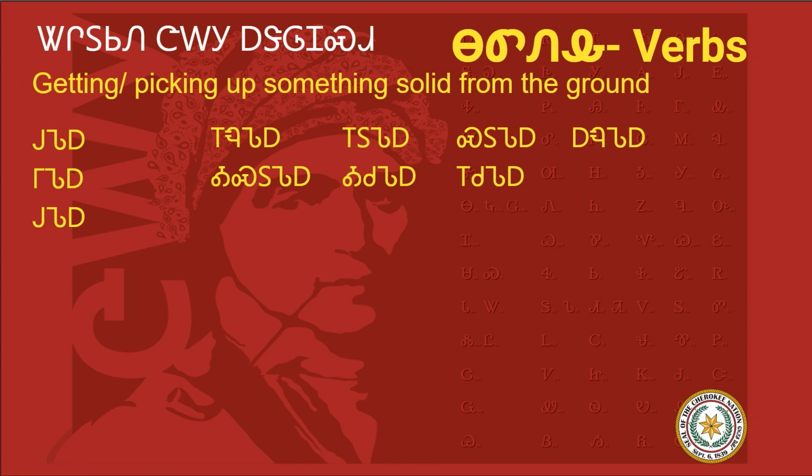So this is gu, te, and then the a in the present tense is typically left out. So gu, te, I'm picking it up. Okay, then the next one, hu, te, you are picking it up.